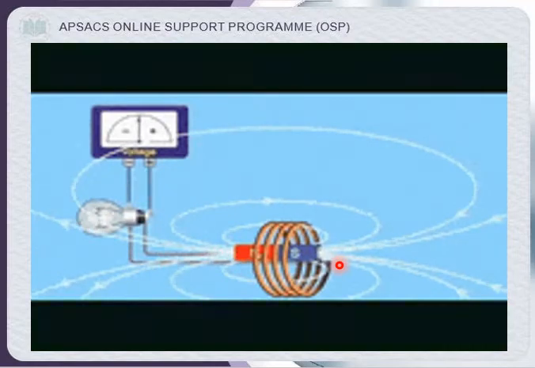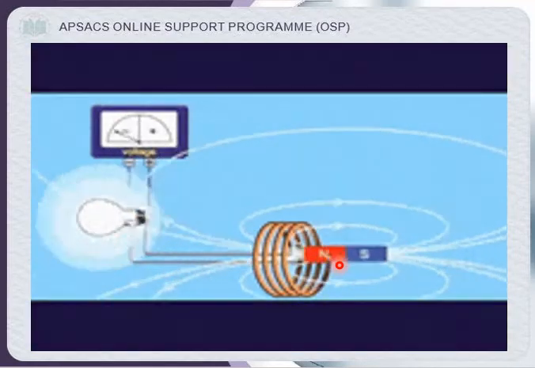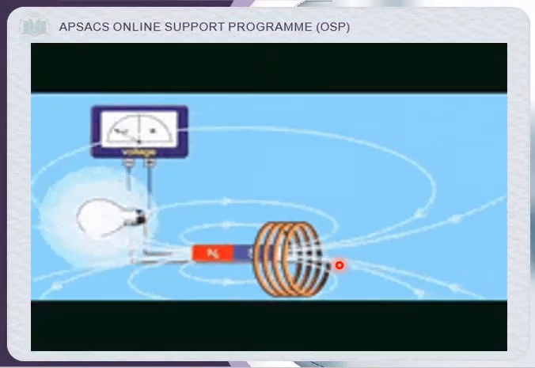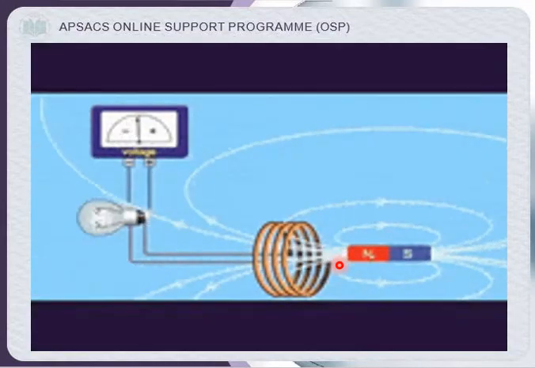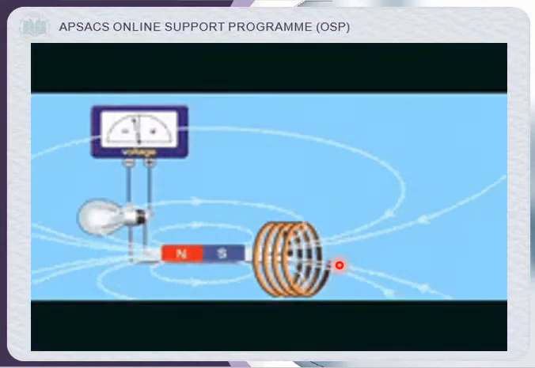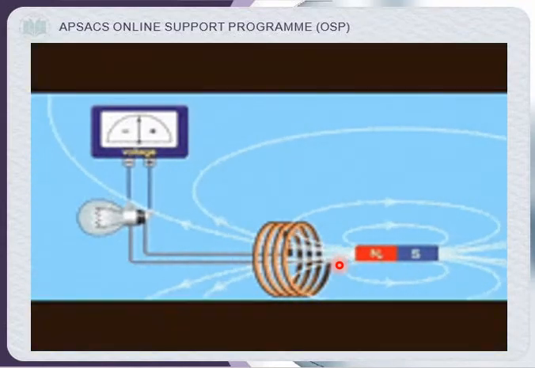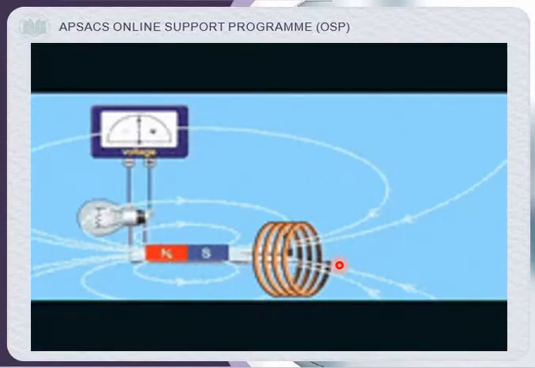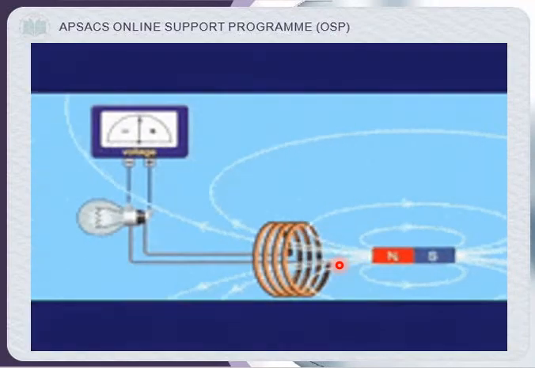This permanent magnet has its own magnetic field, so when this magnetic field interacts with the coil, the electrons of this coil start moving under the influence of this magnetic field, and because of this movement of electrons in the coil, an EMF, a potential difference, is induced, and because of this potential difference there is an induced current.